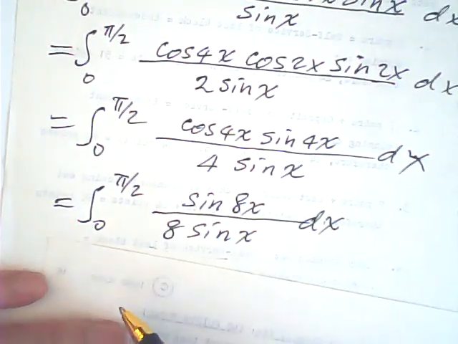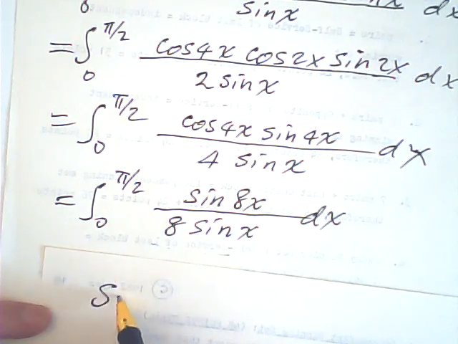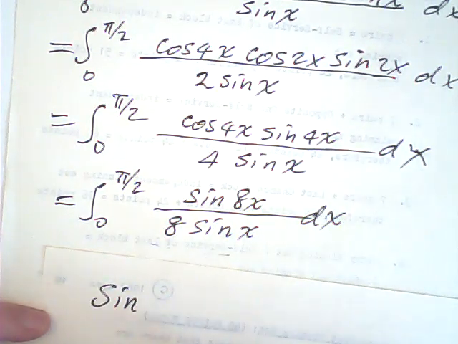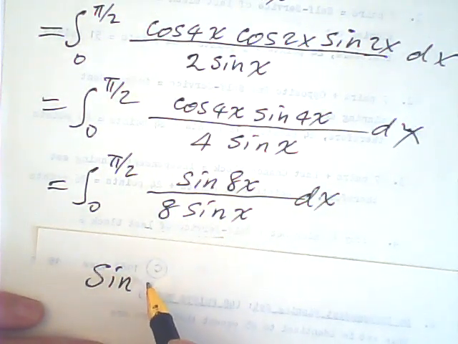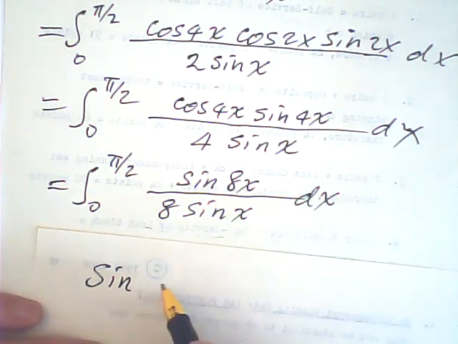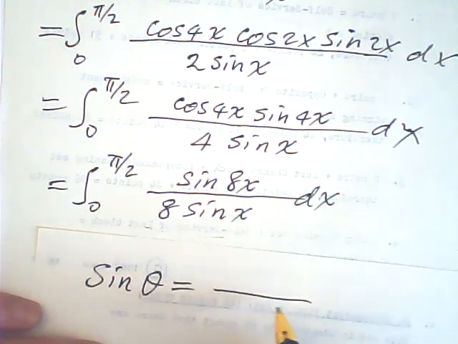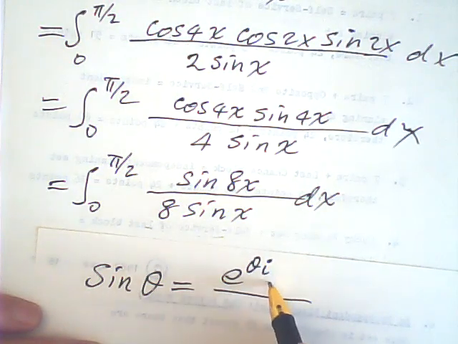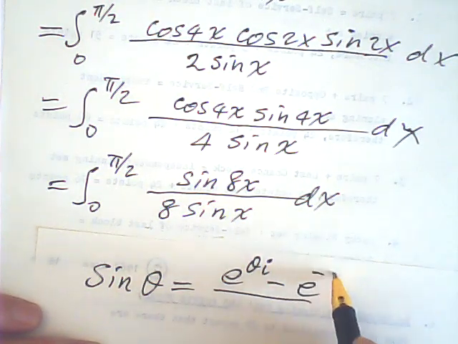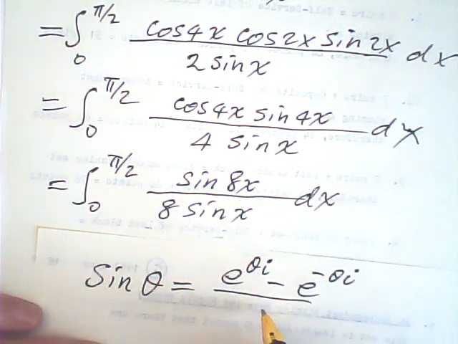I use a complex number: sine theta is equal to e to the i theta minus e to the negative i theta, divided by 2i.